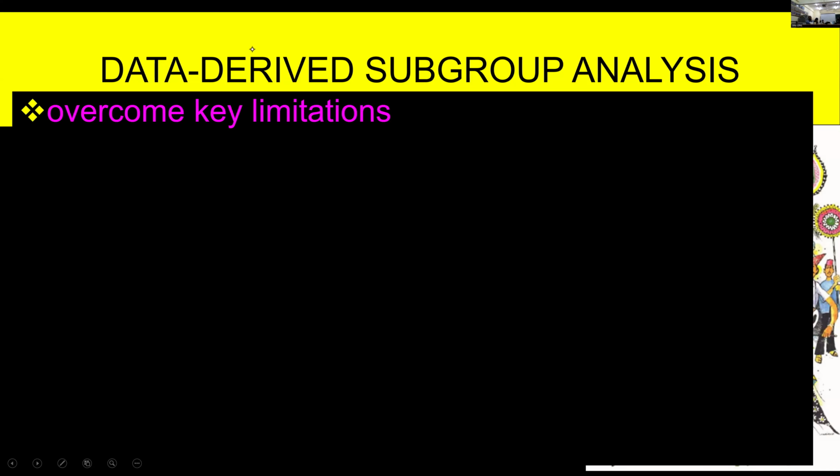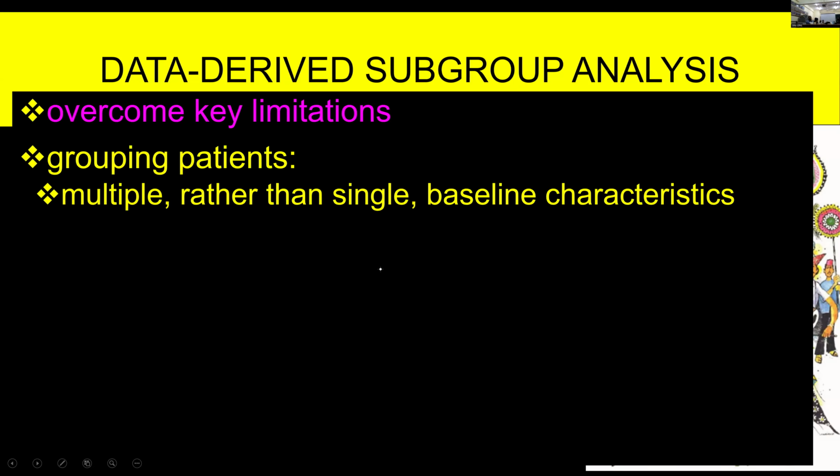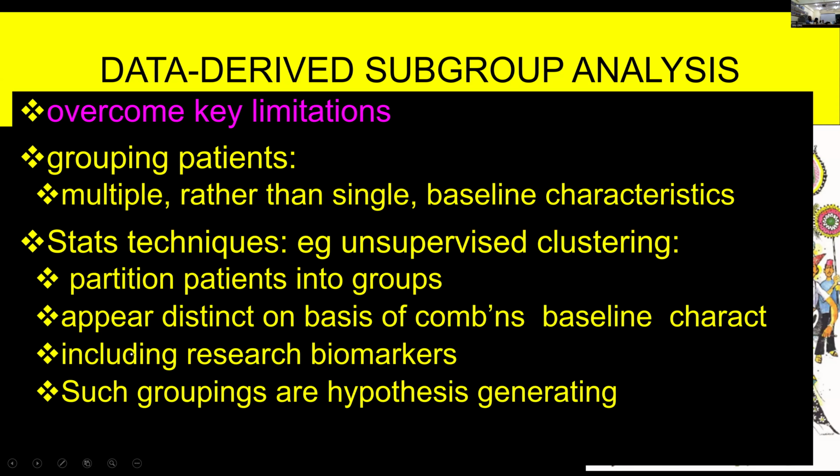So to overcome the limitation of subgroups, why don't we take multiple baseline characteristics and divide people, instead of just age or gender? Can we combine many things together and make groups of people? That statistical technique in machine learning is called unsupervised clustering. So, groups of people based on combinations of baseline characteristics.